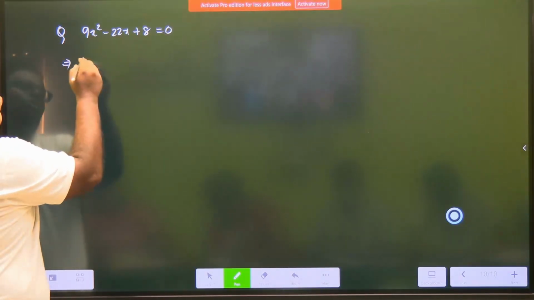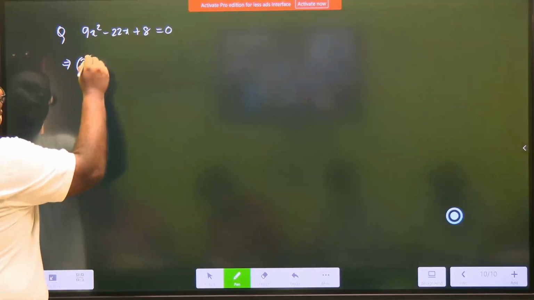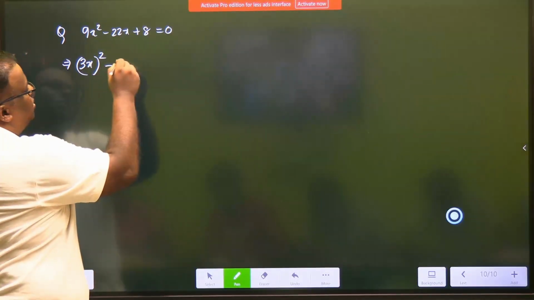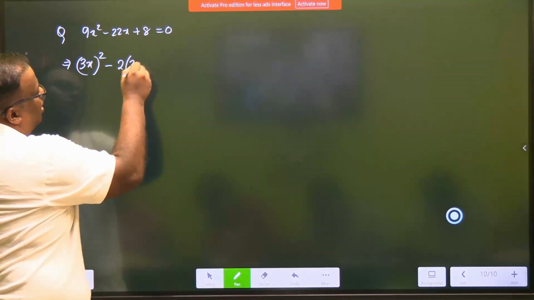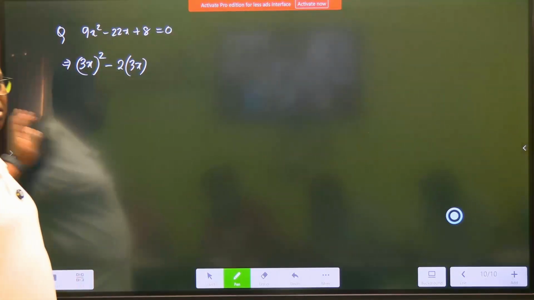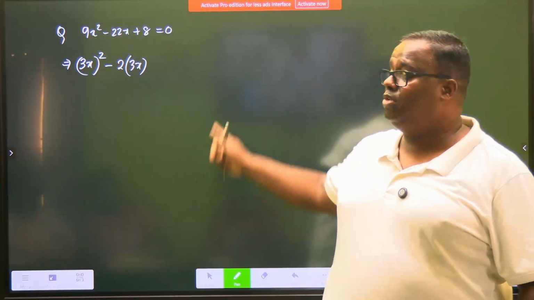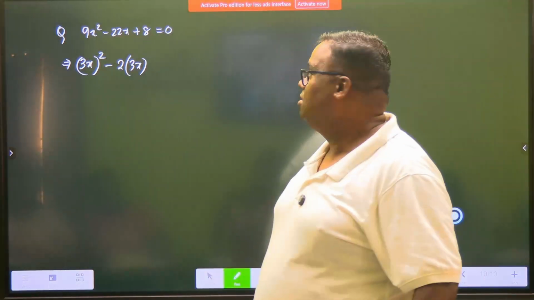So let's do 3x whole square. This is a. Minus 2 into a. 2 into 3 is how much? 6. But you have to get a 22.